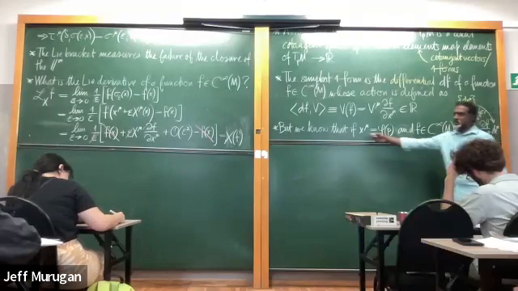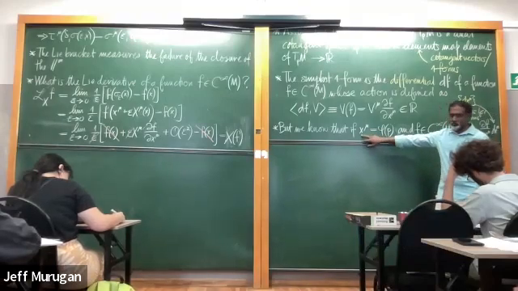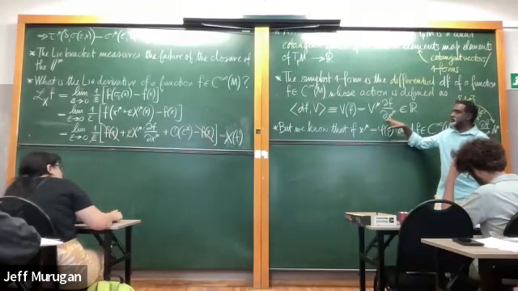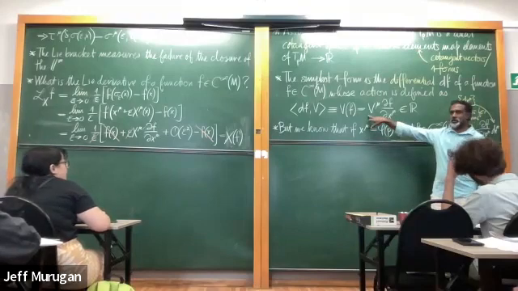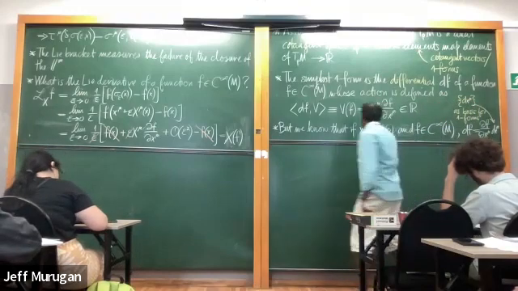In the same way that in this coordinate basis, in this set of coordinates, d by dx mu was a basis for the set of vectors. Okay.